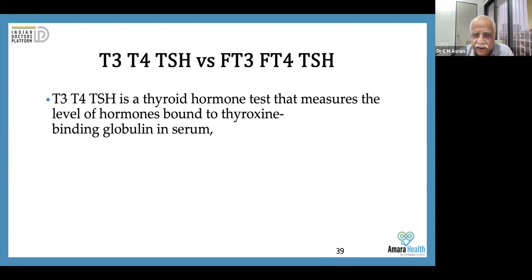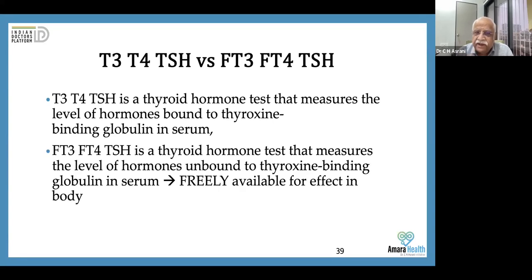Everybody knows that it measures the level of thyroid hormones bound to thyroxine binding globulin in serum. These are bound hormones. They are not active hormones. FT3, FT4, TSH is a test that measures the level of hormones unbound to globulin, freely available for effect in the system.